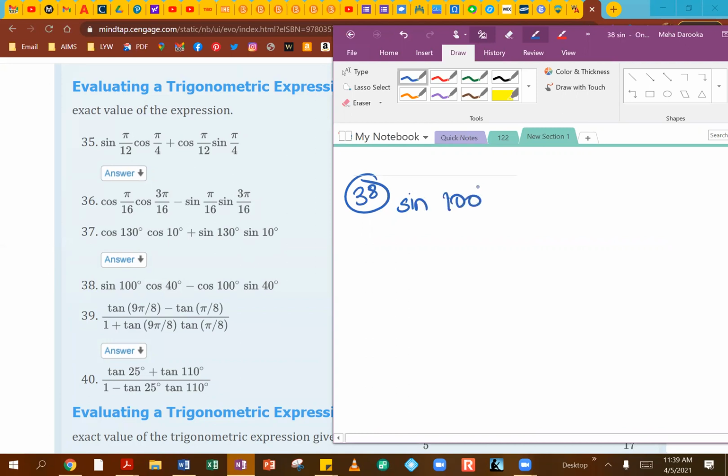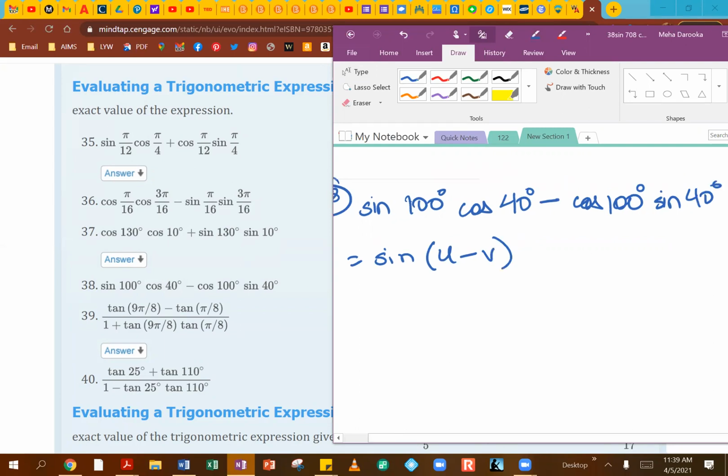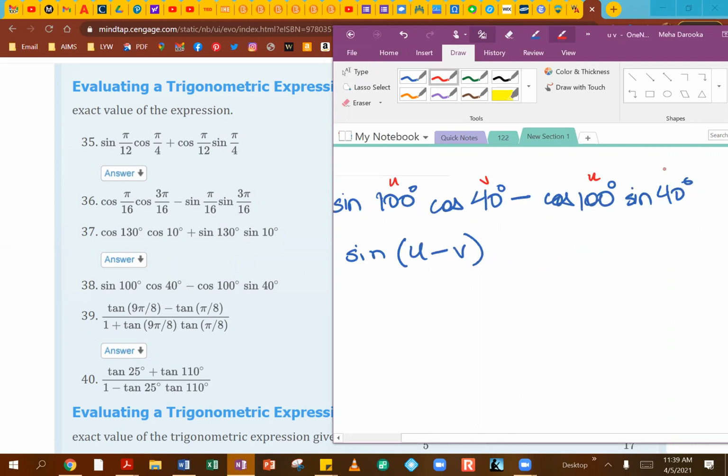So this is, as you can see, given to us in degrees: sine of 100 degrees, cosine of 40 degrees, minus cosine of 100 degrees, sine of 40 degrees. So what this comes down to is the sine u minus v formula, which of course tells you this is angle u, angle v, angle u, angle v.